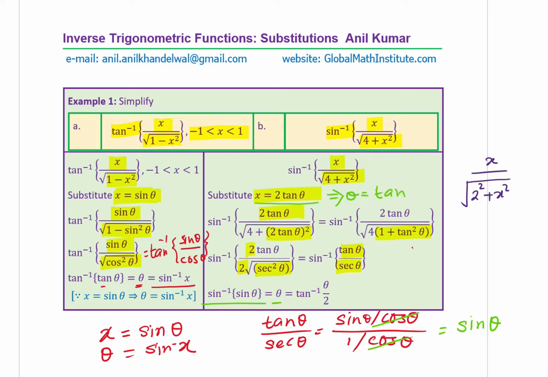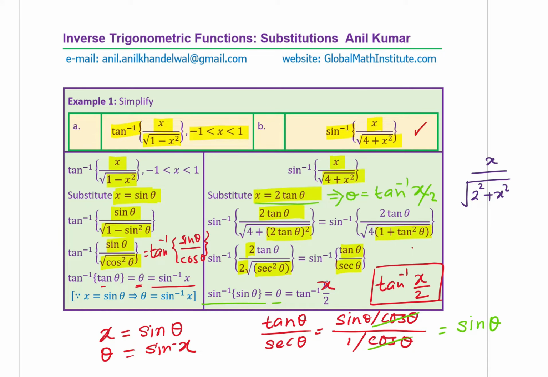So theta is tan inverse of x by 2. Sorry for that. So this is what you get. So your answer in this case will be tan inverse of x by 2. Clear? So that becomes the answer for the given question. Is that clear to you? That is how we are going to solve all these questions, correct?